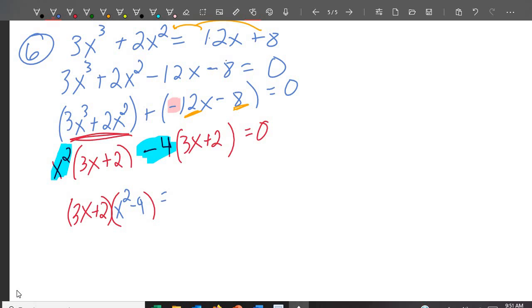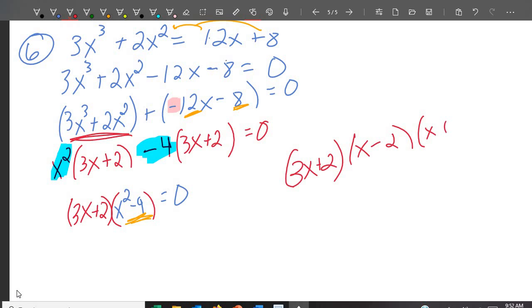And again, this piece is the difference of 2 squares, so we're going to have 3x plus 2 times x minus 2 times x plus 2 equals 0. These are the easy ones. When I solve these, I'll get negative 2 and positive 2.